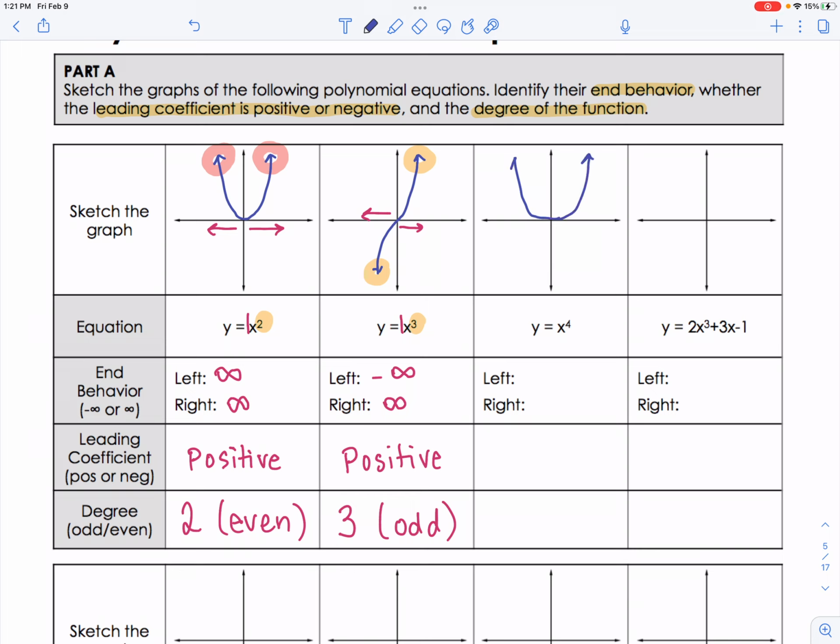As we go to the left, my graph is going down to negative infinity. As I go to the right, we're going down to negative infinity. My leading coefficient here is negative. The degree of the polynomial is 4, which is even.